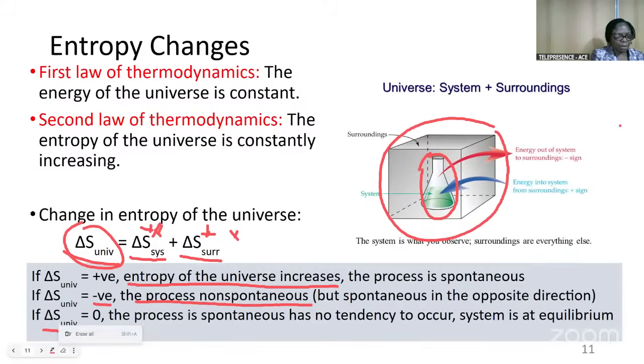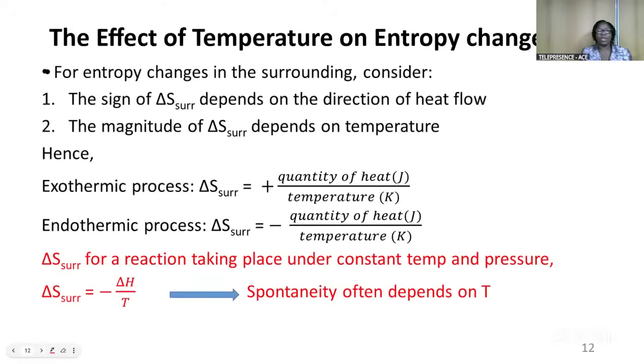So, how do we make use of this knowledge? When you have a system in an environment, you have to talk about delta S of the universe. But the delta S of the surrounding is very crucial in determining what happens to the system. For entropy change in the surrounding, there are two major things you must consider. You are going to consider the sign of delta S of the surrounding, which will depend on the direction of heat flow.